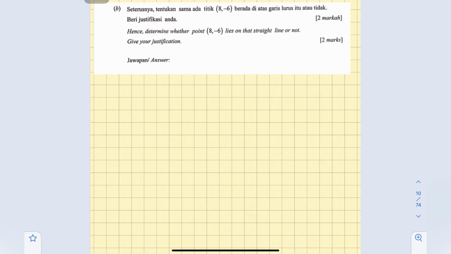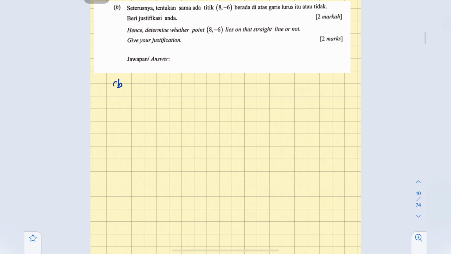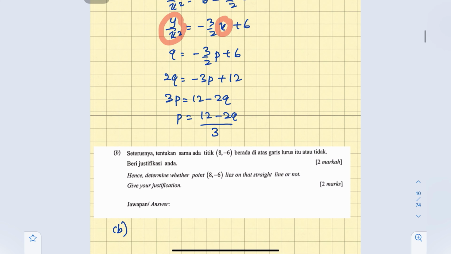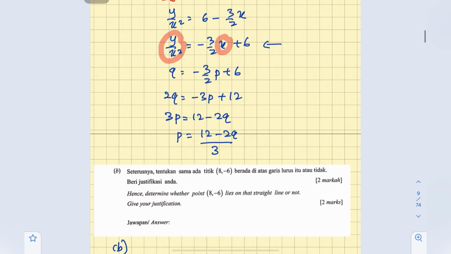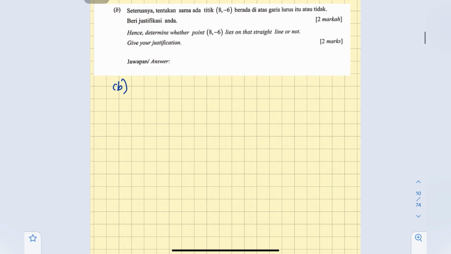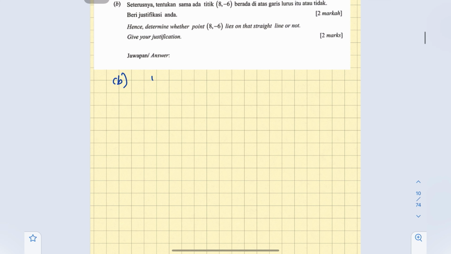B, hence determine whether point (8, negative 6) lies on the straight line or not. Give your justification. For question B, hence means we have to use the previous answer. So we have this equation: y over x squared equals negative 3 over 2 x plus 6. They say the point is (8, negative 6).